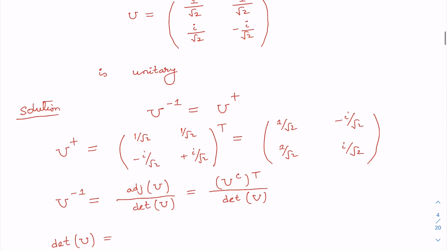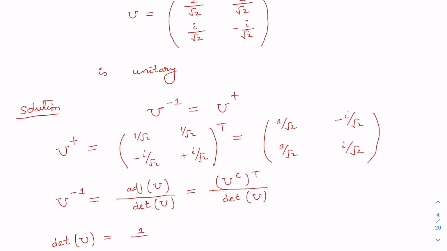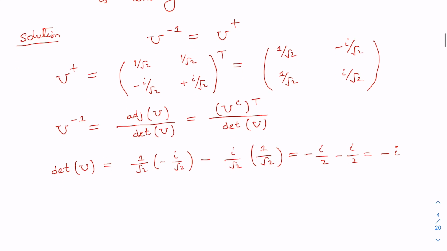Just look at this expression for U: 1 by root 2 into minus i by root 2, minus i by root 2 into 1 by root 2. So we will get minus i by 2 minus i by 2, that is equal to simply minus i. So that is determinant of U.